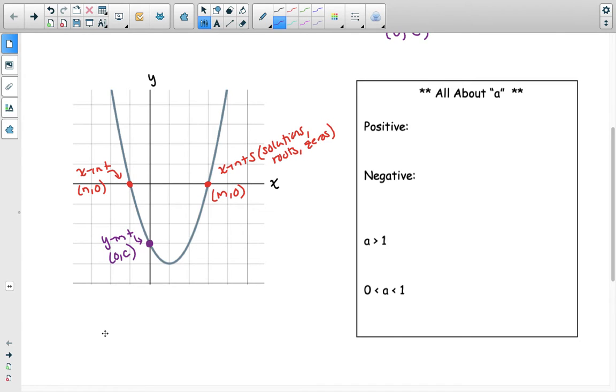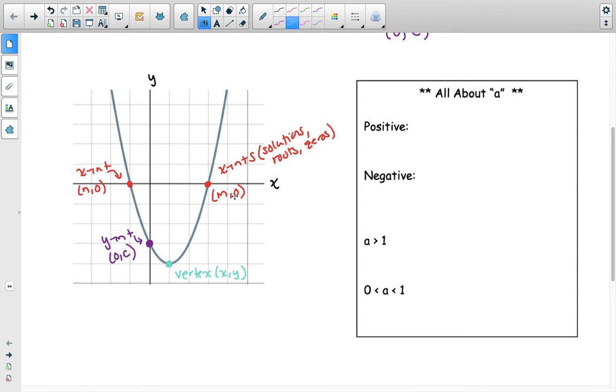Now, because you have a quadratic, you have this spot down here where it was originally decreasing, and then it turns and it starts increasing. This is called the vertex. This is an x, y coordinate. All of these are x, y coordinates, but these are very special.